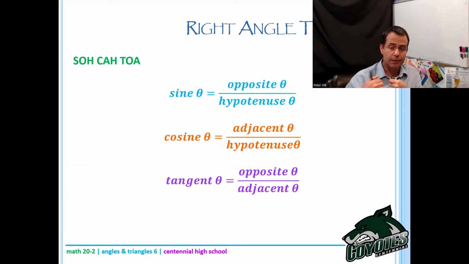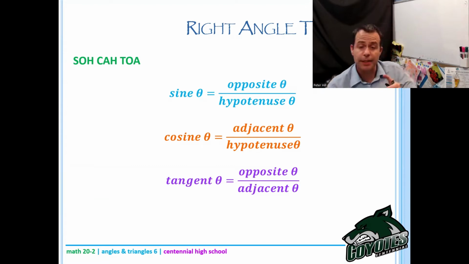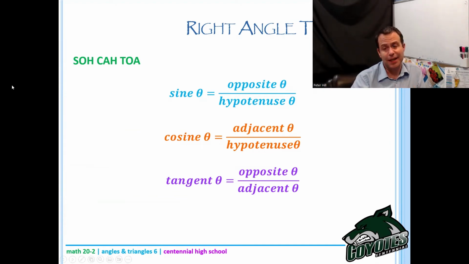Remember, opposite is you put your pencil in the corner and draw away from it. The cosine would be the adjacent side divided by the hypotenuse. Adjacent means touching or beside, so the adjacent side is the one that is part of the angle, but not the hypotenuse.